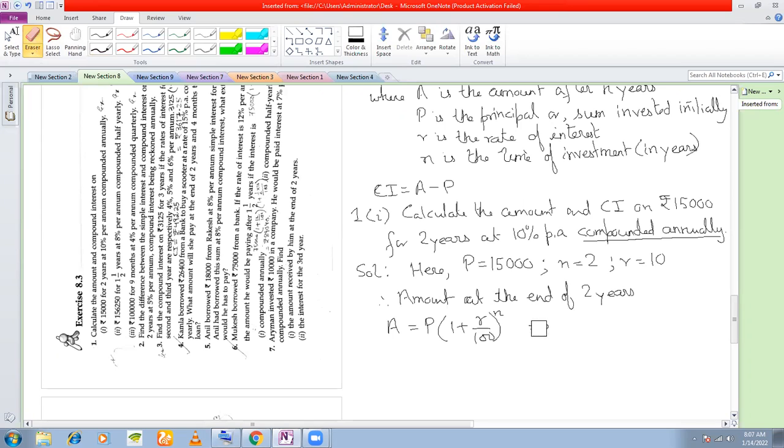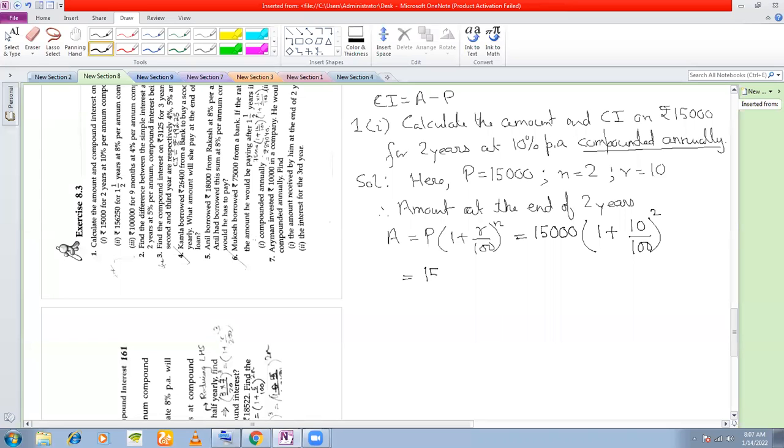If you want to find the amount, P is equal to 15,000 into 1 plus R by 100 to the power of 2. Now here you cancel one 0, so you are left with 1 plus 1 by 10 whole square, which is equal to 15,000 into, taking the LCM, 10 plus 1 by 10 whole square.